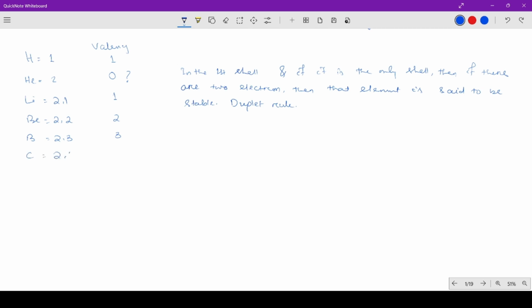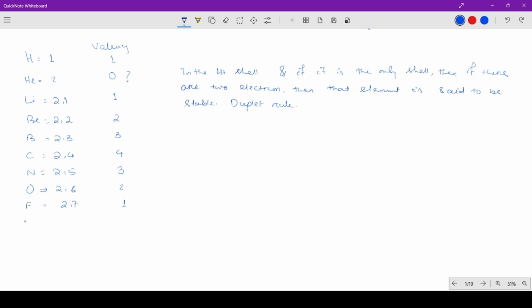Carbon is 2 and 4, the valency will be 4 because it needs 4 electrons, so there will be a loss or gain of electrons. Then nitrogen 2 and 5, so the valency will be 3 here. For oxygen 2 and 6, the valency will be 2. Then fluorine, the valency will be 1 here.